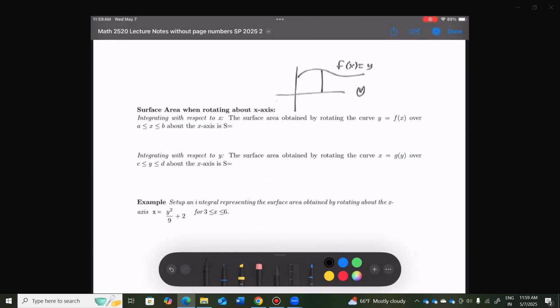Your surface area is going to be the integral from a to b of 2 pi y square root of 1 plus dy over dx squared dx. Well, y, you don't have the function in terms of x, so y equals f of x.